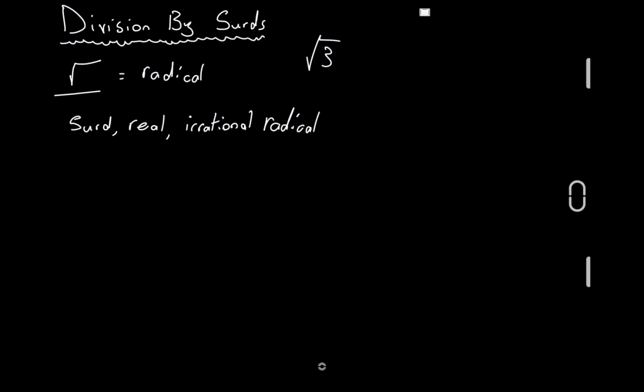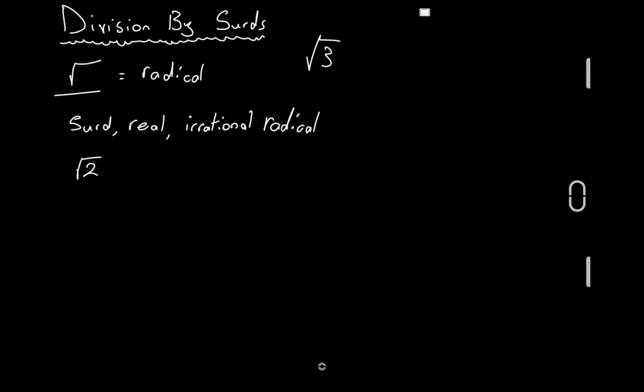A surd is what you might have heard them referred to before, and that's just a real irrational radical. If I was to put into a calculator the square root of 2 and see what that equals, it's not going to be a rational number. It doesn't terminate, it just goes on and on forever, and there is no repeating to it, so it's not a recurring decimal.